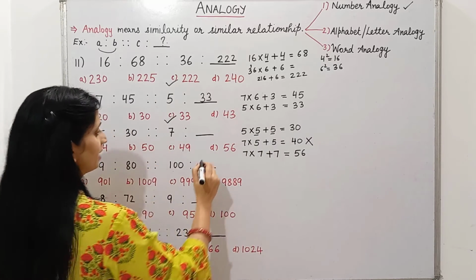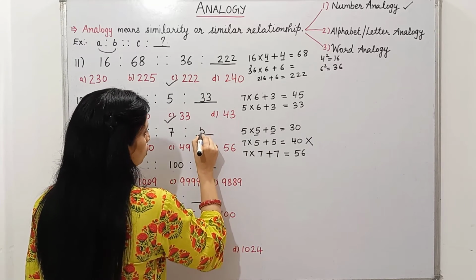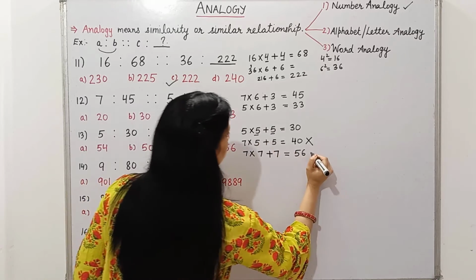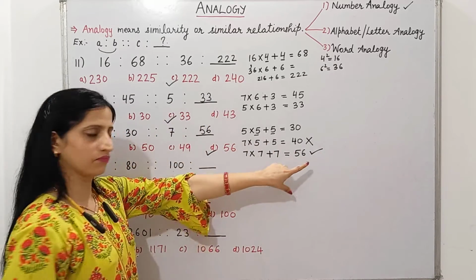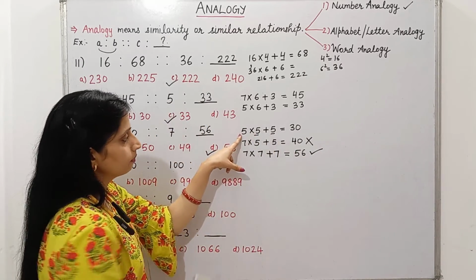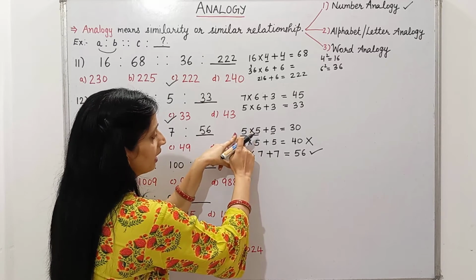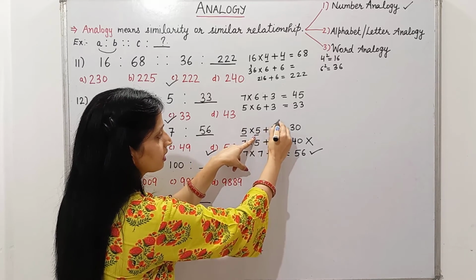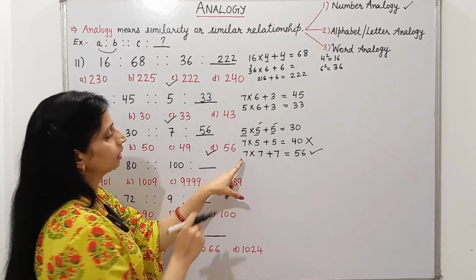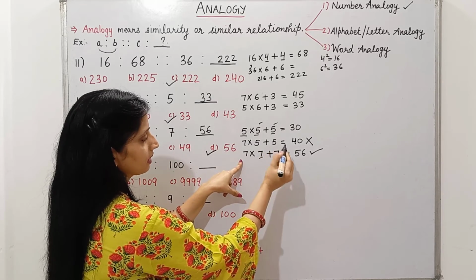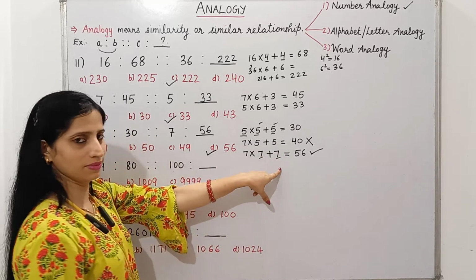Now let's check. Yes, 56 is an option. So we will write 56 here. This will be our correct answer. Because we multiply 5 by the same number and add the same number, similarly we multiply 7 by the same number and add the same number.